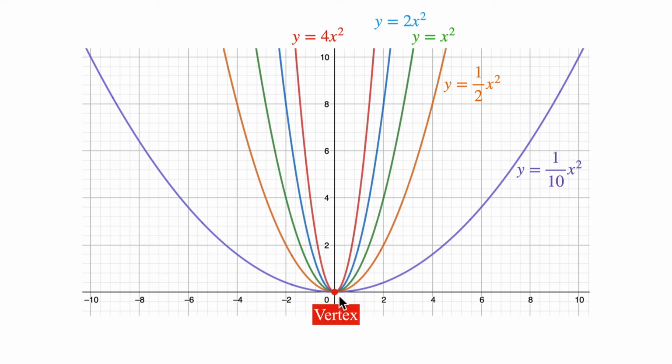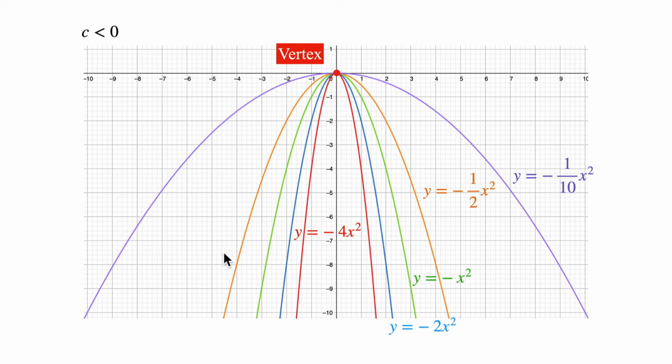And this point here, the lowest point on the parabola, is called the vertex. And what happens if our coefficient c is negative? Well, you simply mirror the entire situation in the x-axis. So you will get here the parabola for c equal to -4, -2, and so on and so on.